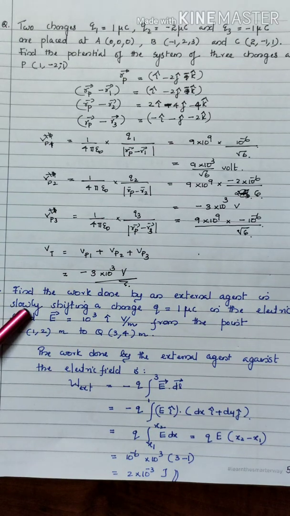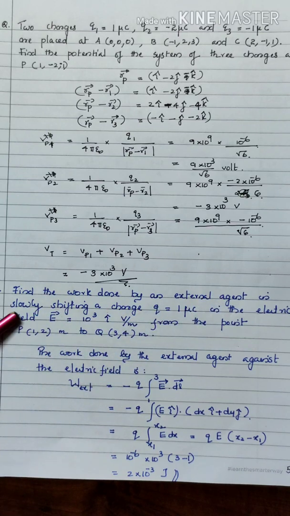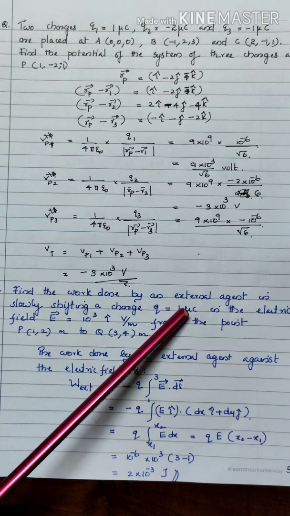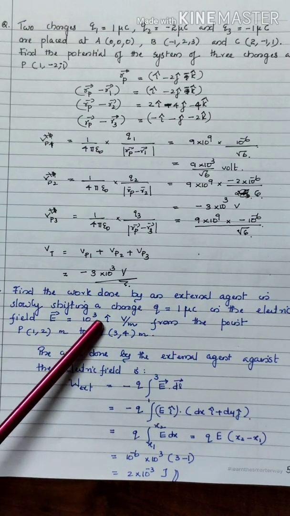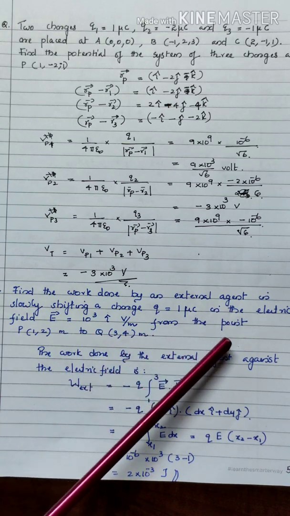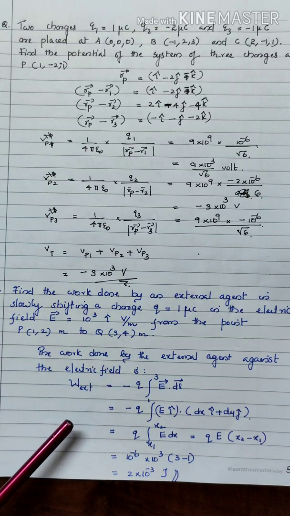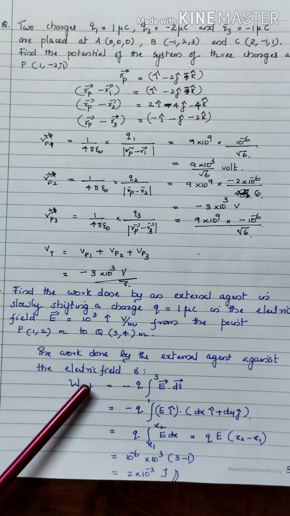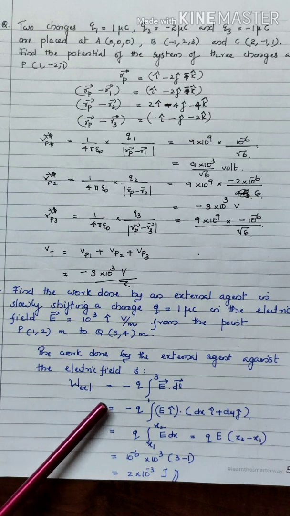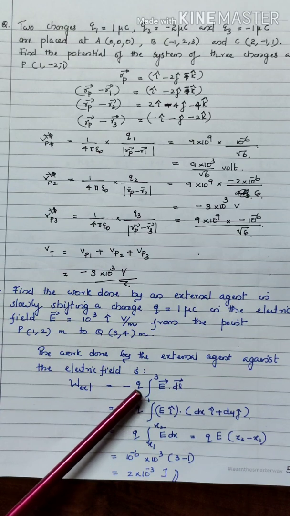See, find the work done by an external agent in slowly shifting a charge Q equal to 1 microcoulomb in the electric field E equal to 10 raised to 3 i volt per meter from the point P(1, 2) to Q(3, 4). And we know the work done by the external agent against the electric field we can easily find as equal to minus Q into the integral from 1 to 3.